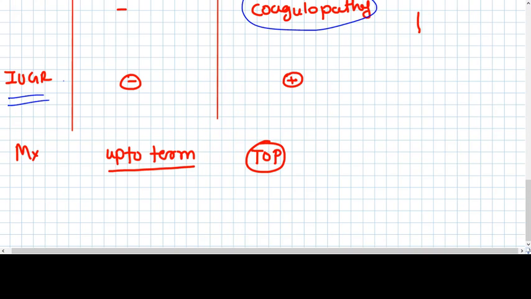Because whenever you see IUGR, there is some problem with the placenta. When there is poor placentation and good placental blood flow is not there, then only IUGR happens. IUGR is not a very acute condition, it's a very chronic condition. For example, the placental function is not good for a long time, then only IUGR appears. So in abruptio placenta, the placentation is poor, and the function of the placenta is not well maintained, that's why there is IUGR.